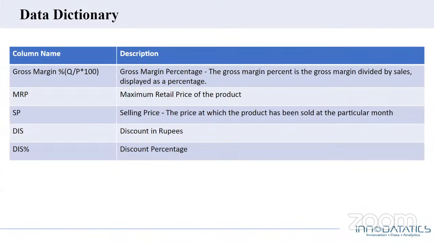Gross margin percentage is the gross margin divided by sales, displayed as percentage. MRP is the maximum retail price of the product. SP is the selling price, the price at which the product has been sold in the particular month. DIS is the discount in rupees, and DIS percentage is the discount percentage.